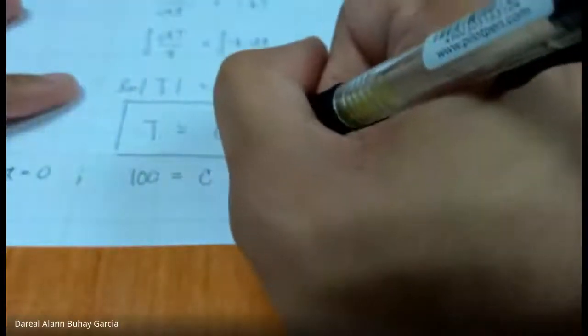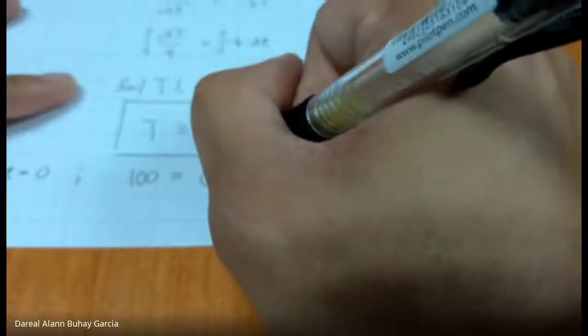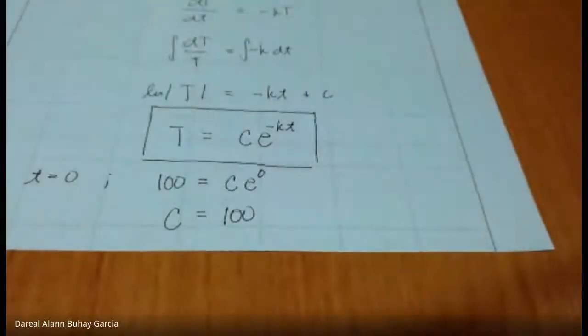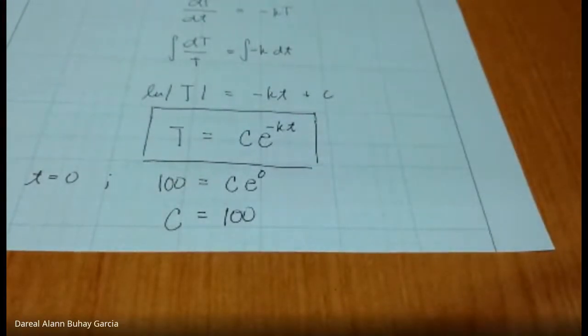So C is equal to 100. 100 ay ang, of course, given, no? 100 ang C kay ang original temperature. So our equation becomes T equals 100 e negative KT.